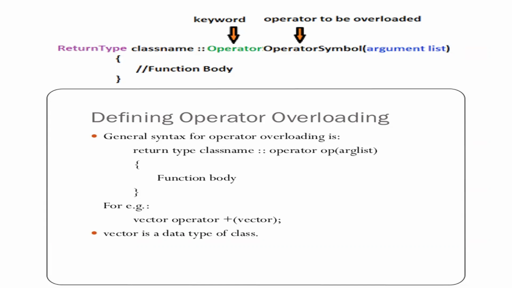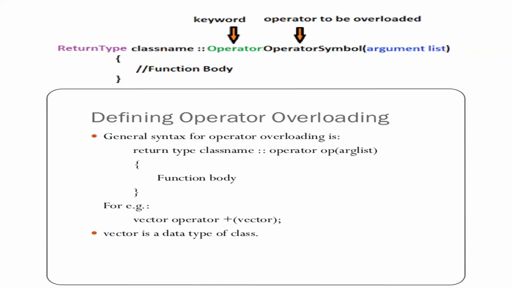So again here, the general syntax has been written. Return type, class name, scope resolution operator. Since the function is outside the class, we are using scope resolution. Generally functions are written outside the class. Operator keyword, op is the symbol. Okay.